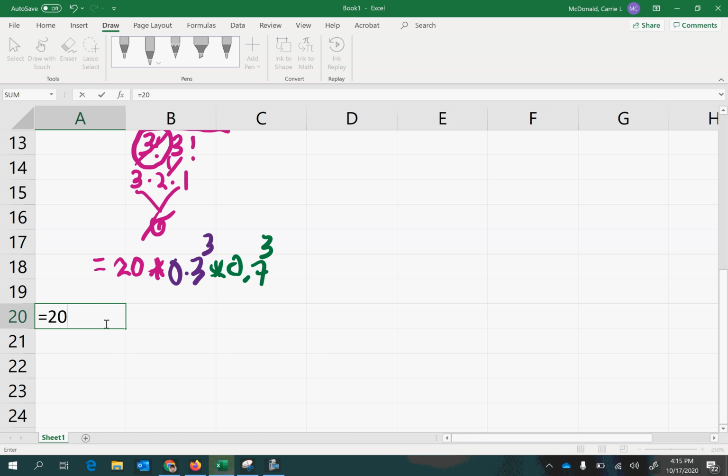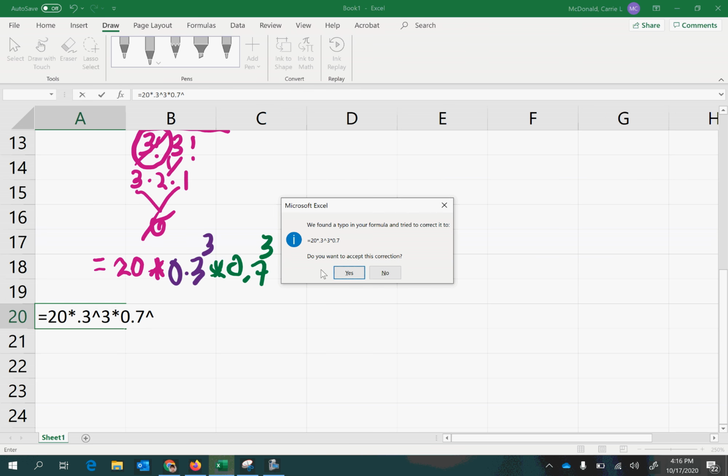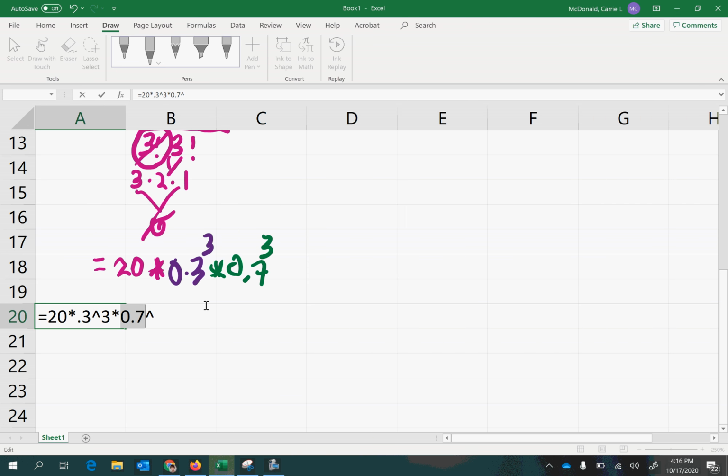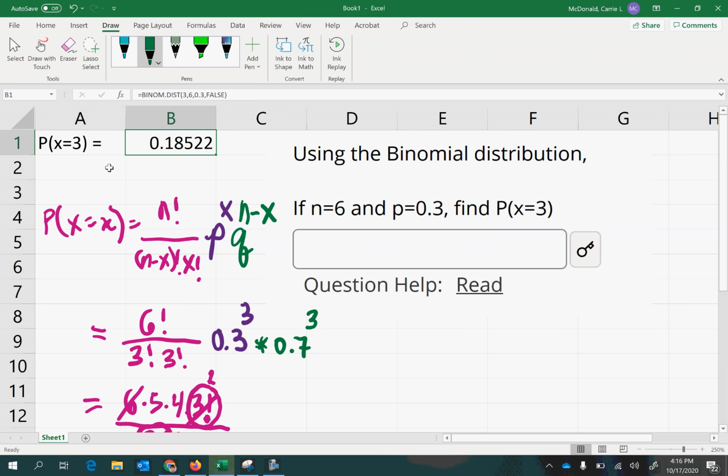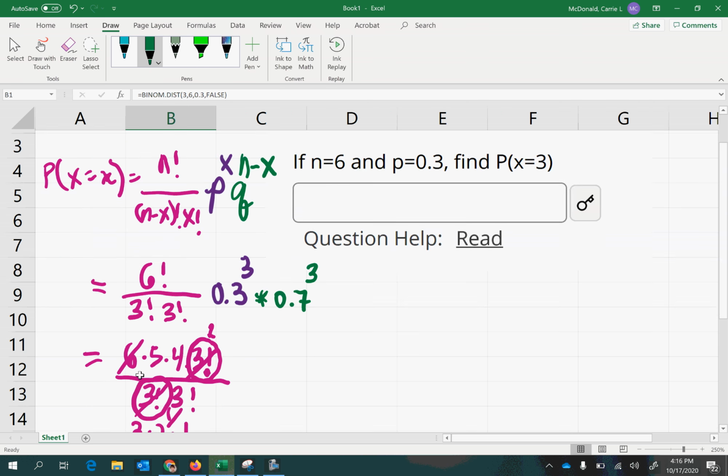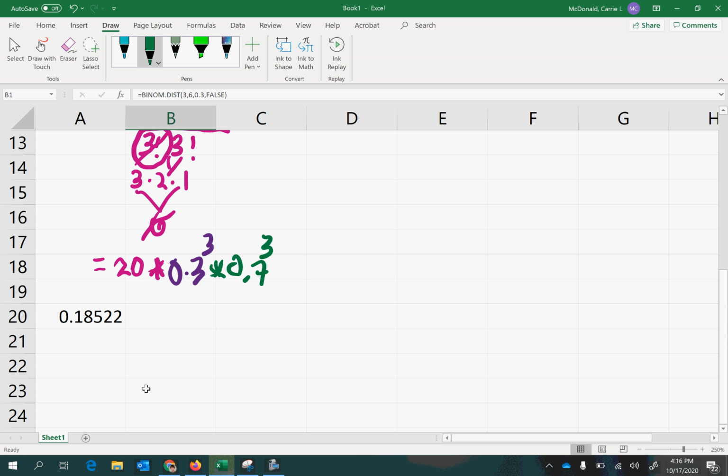Equals 20 times, excuse me, that should be 0.3 to the power of 3, then times 0.7 to the power of 3 also. Okay, so there's my answer, 0.1522, which is the same answer I got up here by using the binom.dist formula. Another thing to notice is that the 20 could have been found by using the combinations formula in Excel.